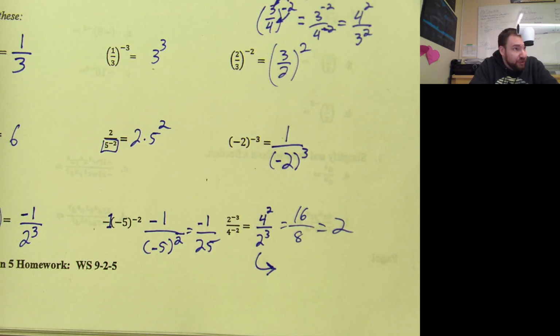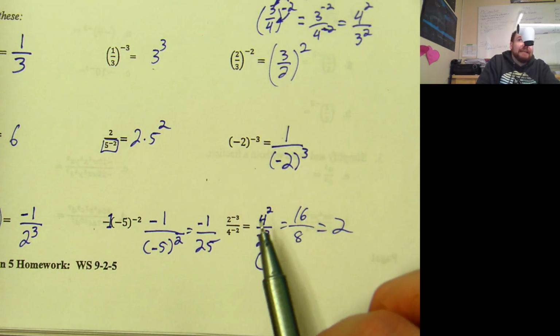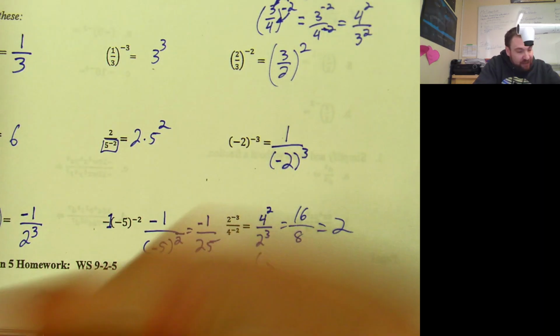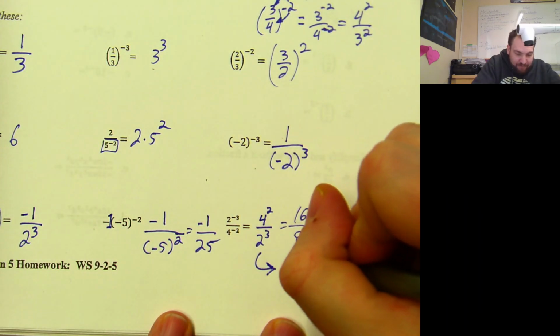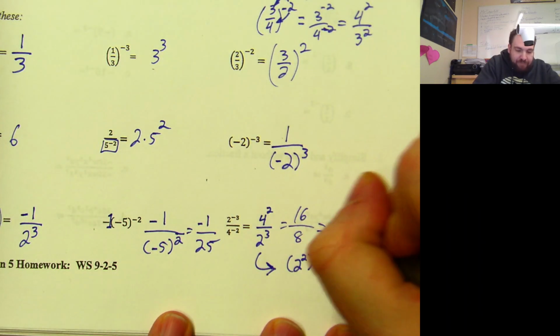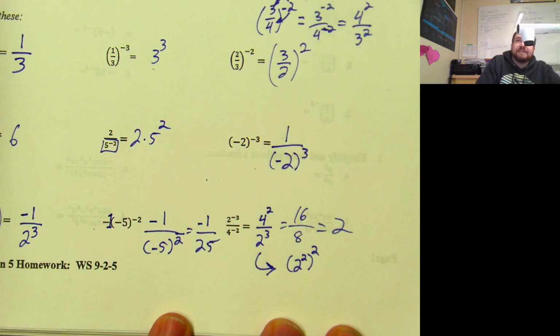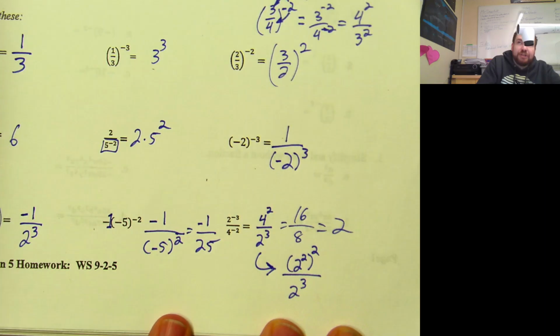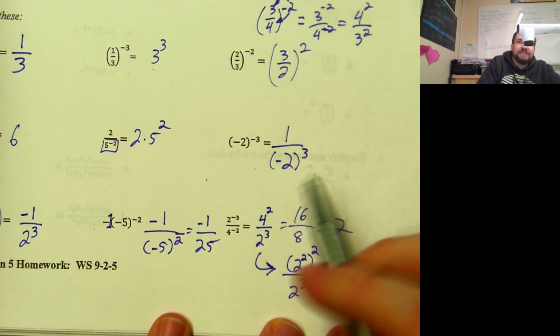Yeah, 4 can be written as 2 to the 2. So I can actually replace the 4 here with 2 squared. In brackets, 4 becomes 2 squared, then that becomes squared because it was 4 squared. I just replaced 4 with 2 squared. And then this is just going to be 2 cubed, which stays on the bottom.